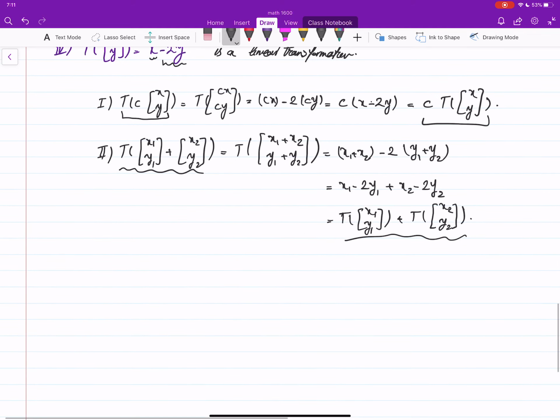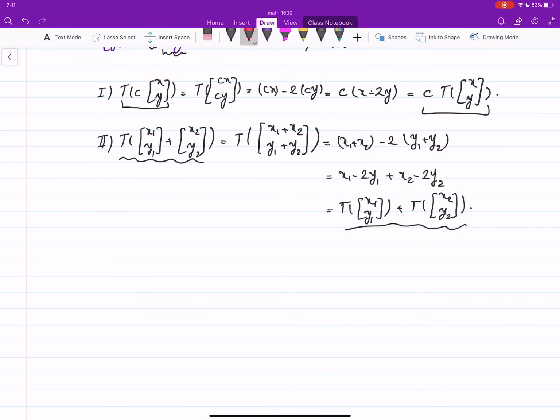Let me finish this video with two remarks. Remark one is, if T is linear, then what does it do with a linear combination? So if you have T of (c1 v1 plus c2 v2), first of all, we can see this as an addition of two vectors.